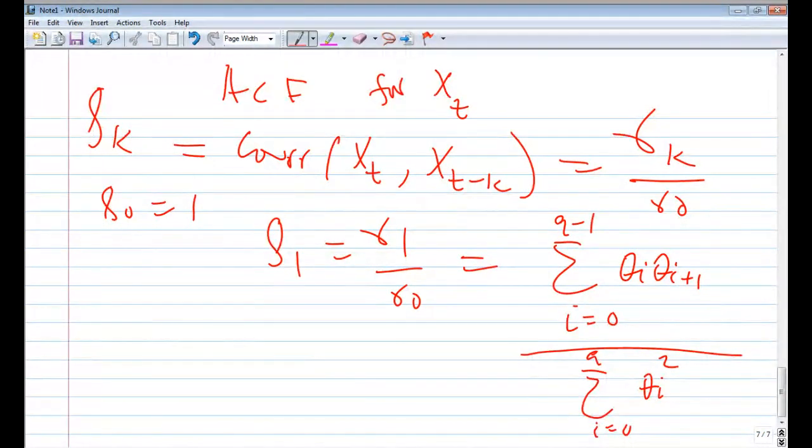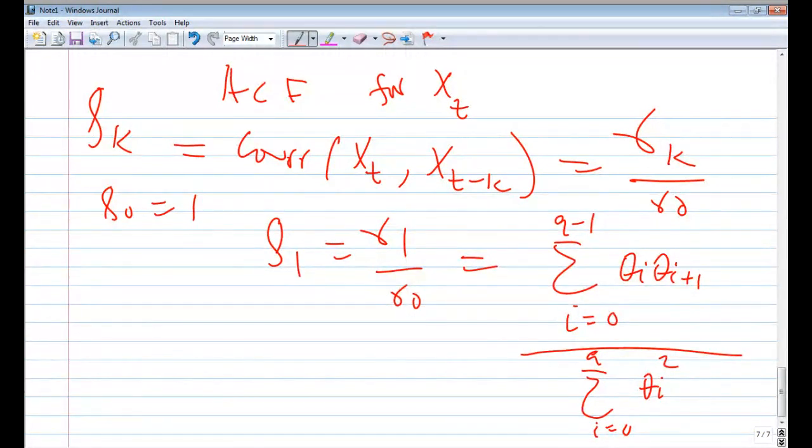So this is rho 1, or the autocorrelation function at lag 1. It's written as the summation of theta I theta I plus 1 starting from 0 up to q minus 1, divided by the summation of theta I squared starting from 0 to q. So that is rho 1.